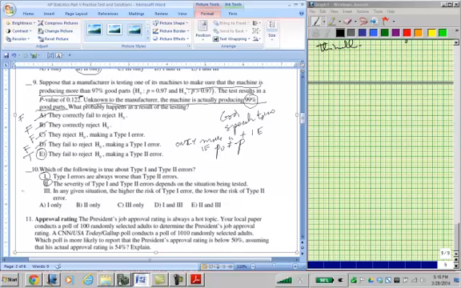3: In any given situation, the higher the risk of type 1 error, the lower the risk of type 2 error. This is always true. They are always inversely related to each other. You increase the risk of a type 1, and then the risk of a type 2 is going to go down.